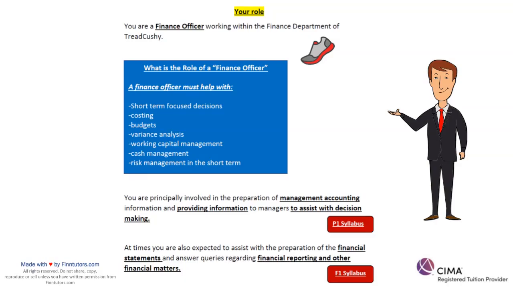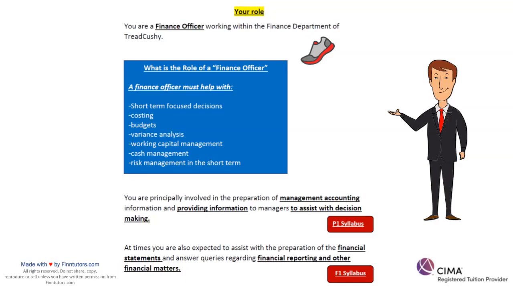If you look at these points, you will see that somewhere or the other, they directly link into E1, P1, and F1, which means the role of a finance officer is derived from the learnings from our syllabus areas E1, P1, and F1.